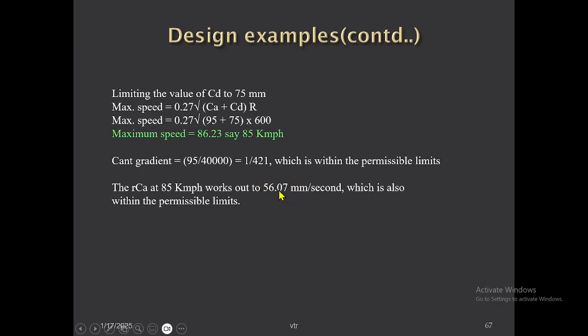It works out to 56.07 mm per second, which is also within the permissible limit, because we can go up to 60 mm per second. It is less than 60 mm, so it's okay. Everything is satisfied here.